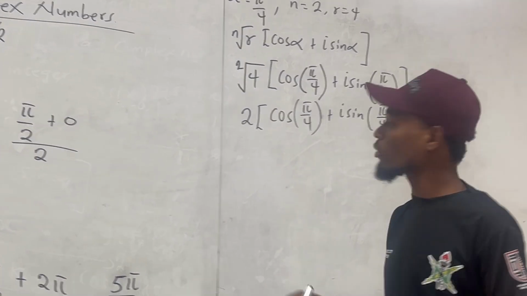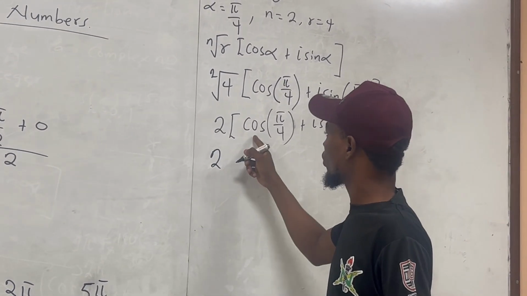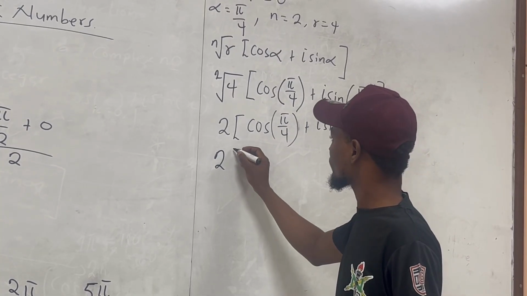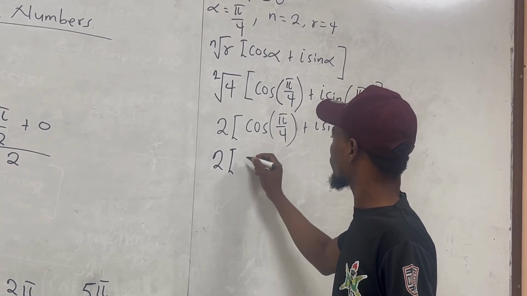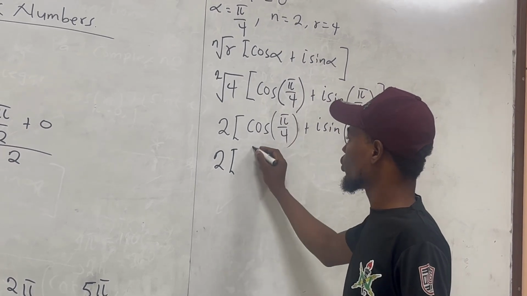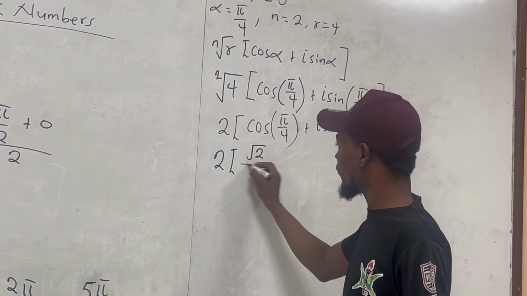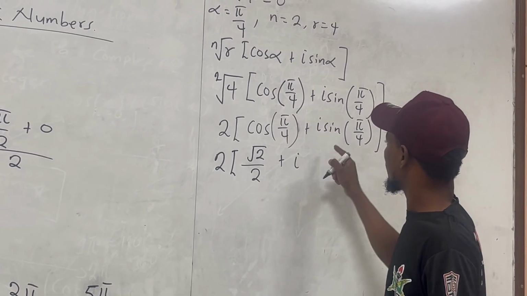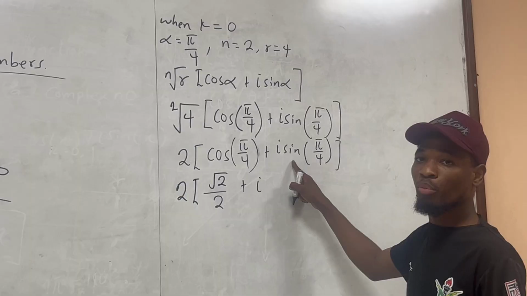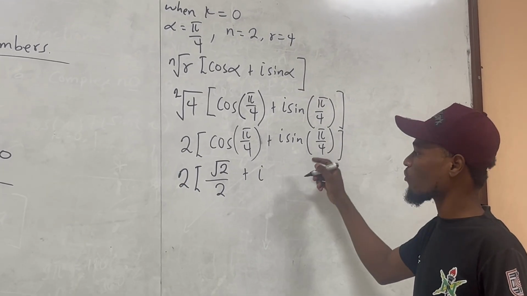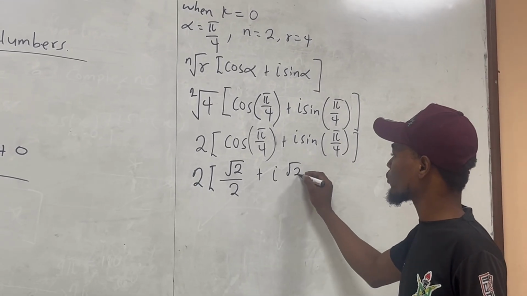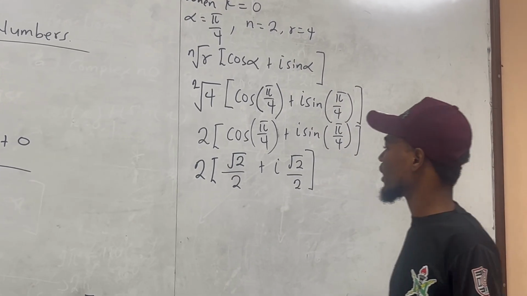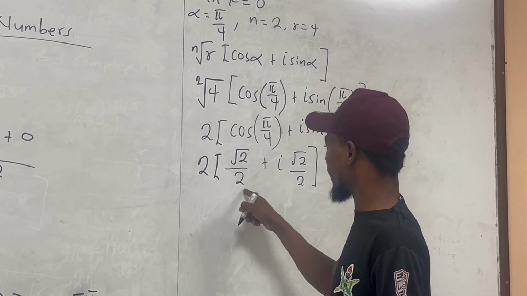With the help of the calculator, cos pi on 4 gives square root of 2 over 2, then plus i, and sine pi on 4 also gives square root of 2 over 2.